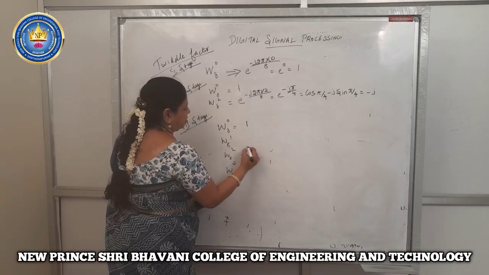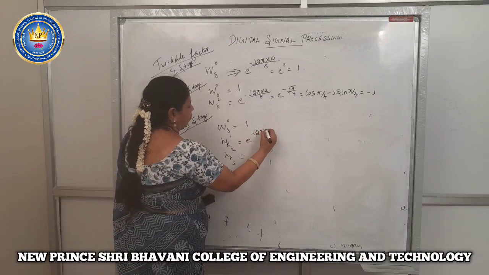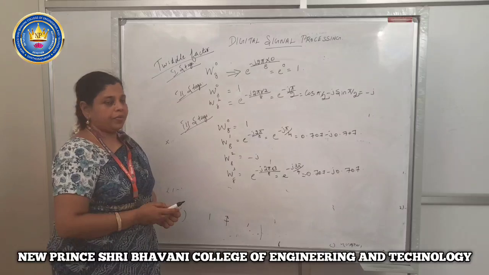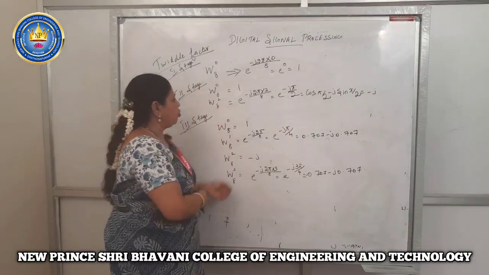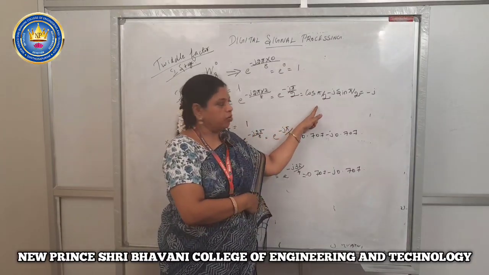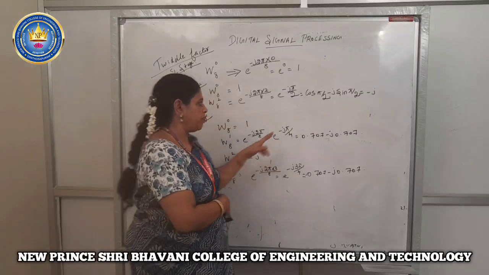W82 is going to be minus j, and W81 is e power minus j2 pi into 1 by 8. So in the second stage, the twiddle factor values will be 1 and W82, which is nothing but e power minus j pi by 2. So cos pi by 2 minus j sin pi by 2, the value is going to be minus j.